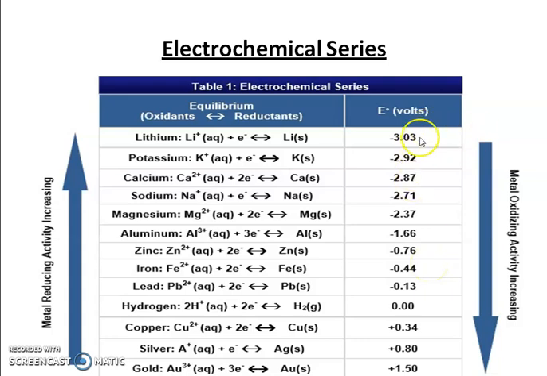Now why do we take the reduction potential values, or reduction electrode potential values? It is a common practice that if we want to compare the electrode potential values, irrespective of whether they undergo oxidation or reduction, we very well know that some electrodes undergo oxidation and the potential values are called the oxidation potential, and if the electrode is undergoing reduction, then we call it the reduction potential.